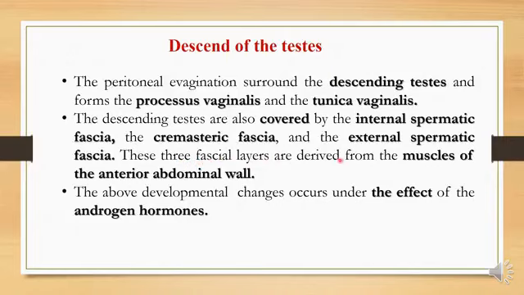These three fascial layers are derived from the muscles of the anterior abdominal wall. The above developmental changes occur under the effect of the androgen hormone.